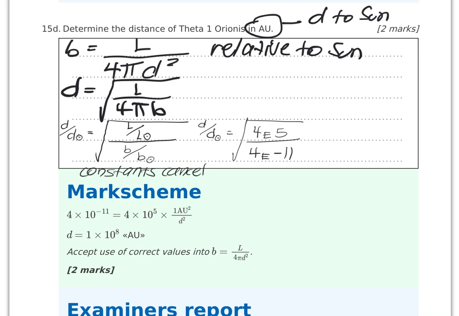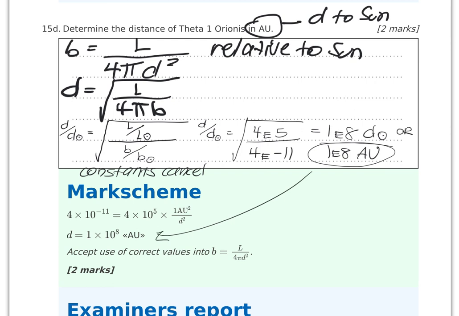So we have the relative luminosity is 4 times 10 to the 5th. The relative brightness was given as 4 times 10 to the negative 11. Divide that and take the square root, and I get that the relative distance is 1 times 10 to the 8 astronomical units, or rather the distance to the sun, which is 1.8 astronomical units, which matches.